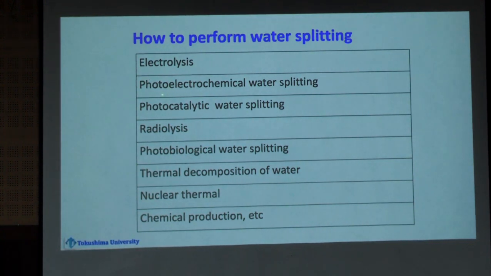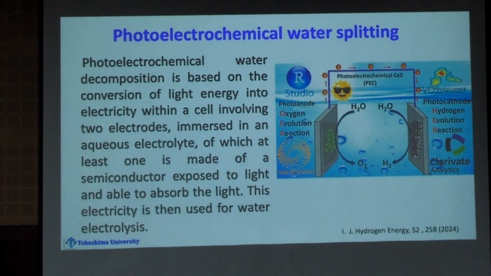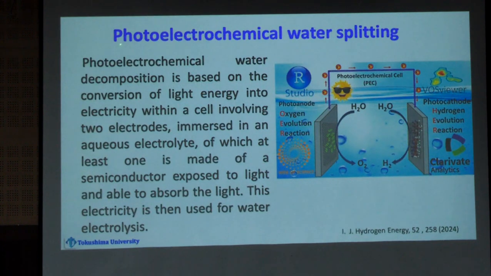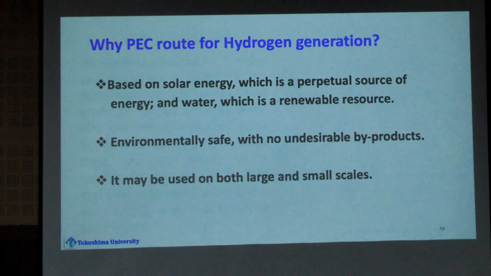Electrolysis, photoelectrochemical water splitting, photon, electric, chemical, photocatalytic water splitting, radiolysis, photobiological water splitting, thermal decomposition, nuclear thermal chemical production. Various techniques are there. Out of these techniques, photoelectrochemical water splitting is the more promising technique.